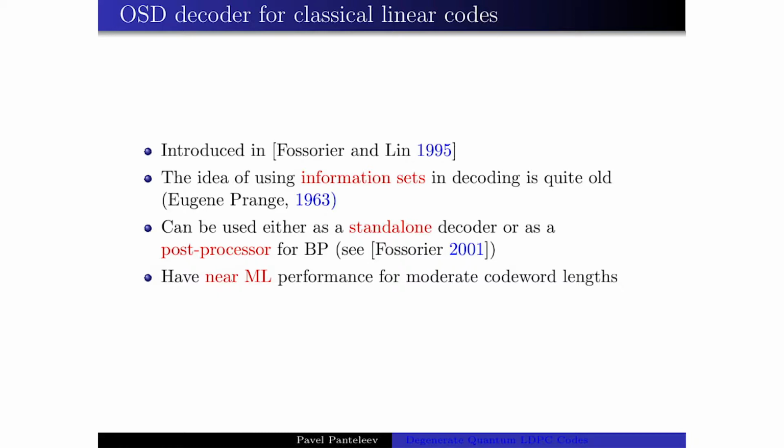One of the reasons why it can work is that for each code word in a QLDPC code, the nearest code words differ from it just by a degenerate error.